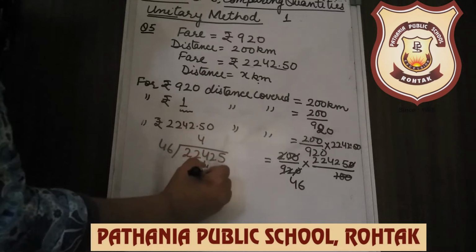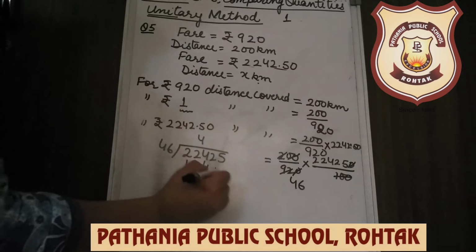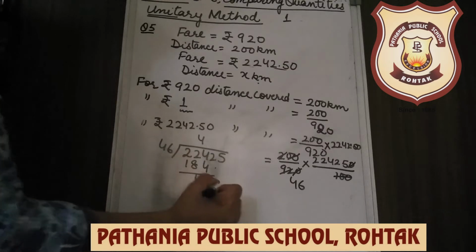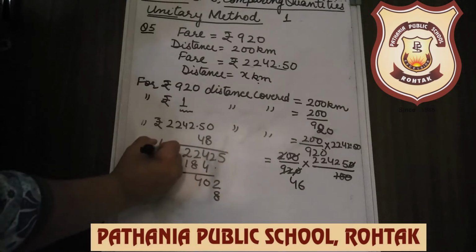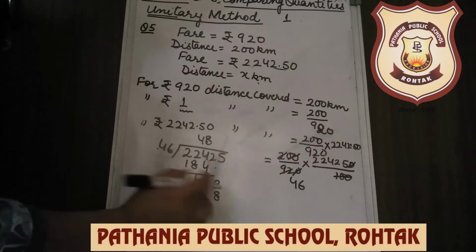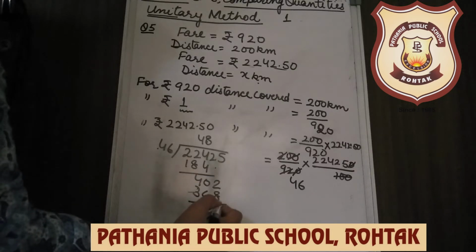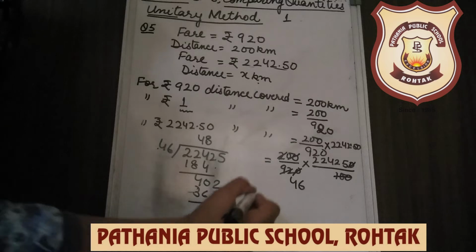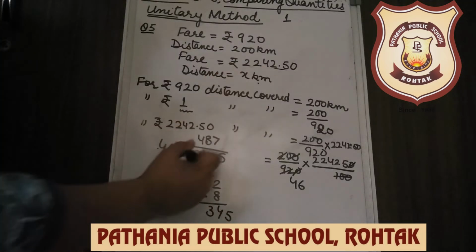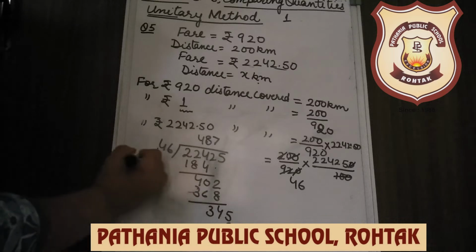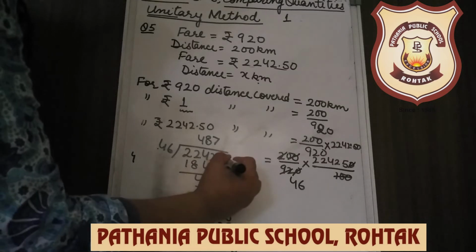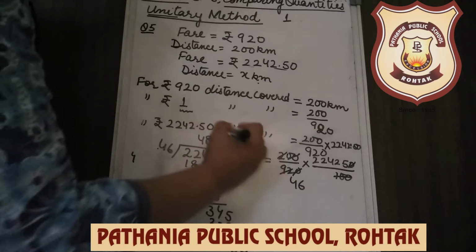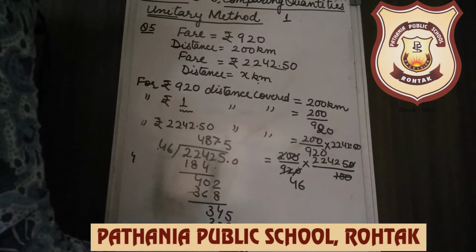4 6s are 24, 4 2 carried forward, 18, 0 4, bring down 2, 8 48, 4 32 plus 4 36, 4 3 5 7, 6 sevens are 42, 4 28 plus 4 32, 3 2, I'll put decimal here, bring 0, and 5 2 3 0.